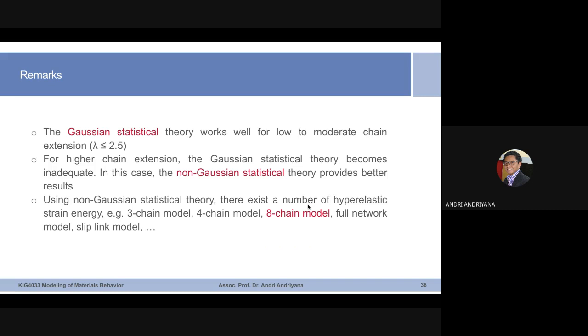Experimental observations show that the Gaussian statistical theory works well only for low to moderate chain extension. That means you can basically describe the stress strain characteristic up to, well, 2.5.